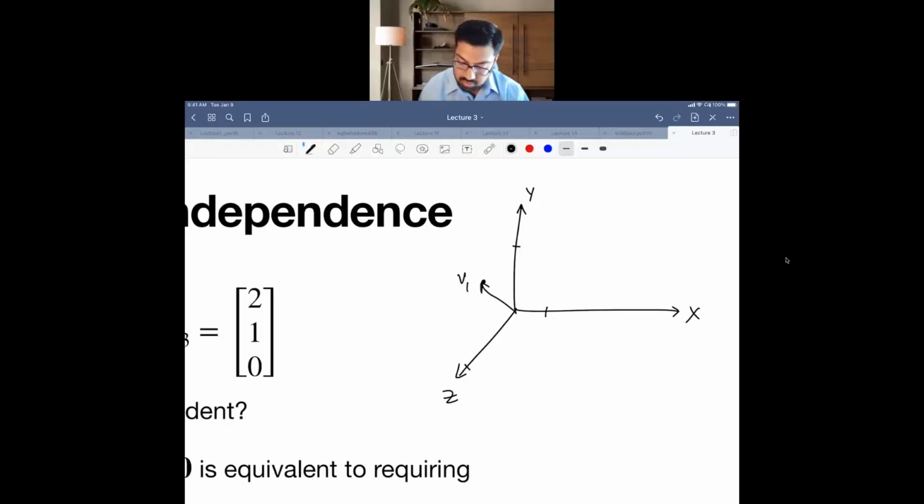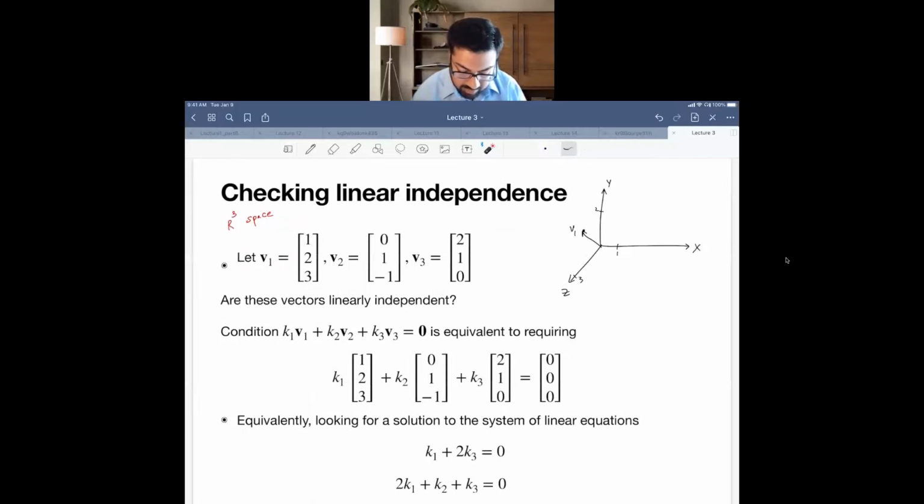So 1 here, 2 here, 3 here. So that would be a vector in 3 dimensions. So that's your v1 vector. Then you have another v2 vector in 3-dimensional space, and you have another vector v3 in 3-dimensional space as well.